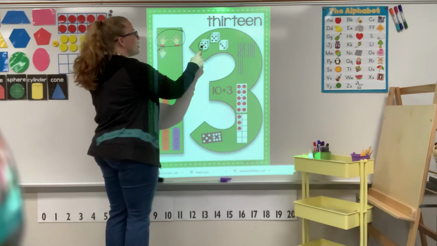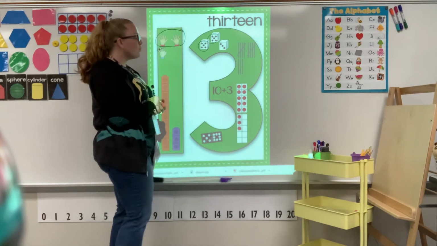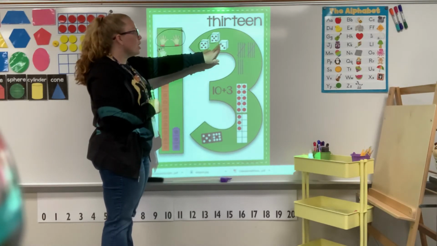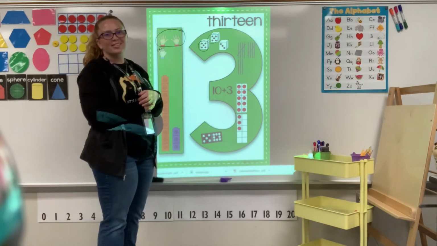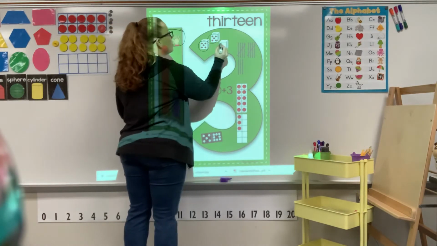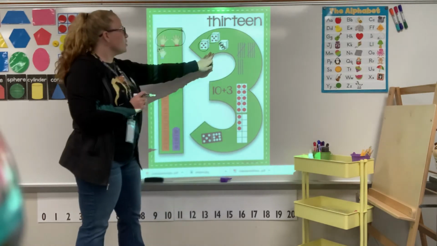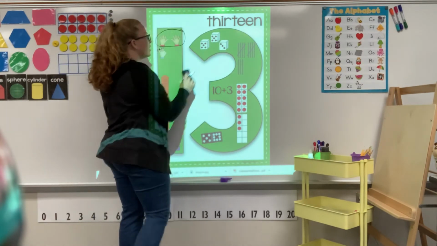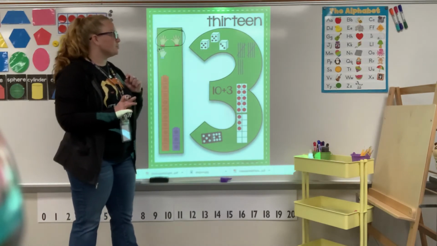So if I had 5 right here and 5 right here, that makes 10 too. So if we're trying to represent the number 13, how many more dots on the dice should we have? 3. That's right, 3. We need 3 more dots. 1, 2, 3. So this is a way to represent the number 13 with dice. We have 5, 5, and 3.